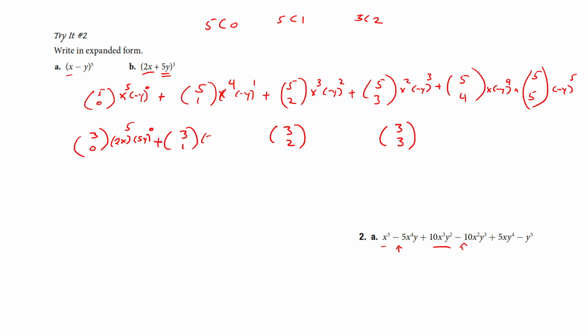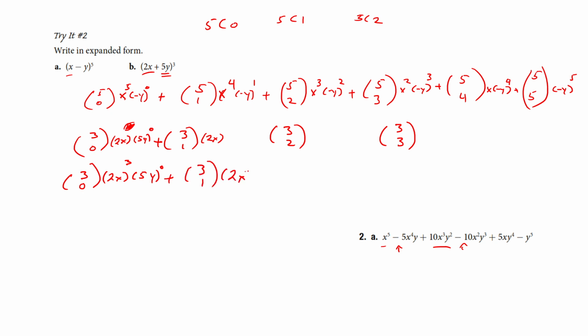Now, we're going to take 2x. Oh, sorry. Shoot, I messed this up. Hold on. Our exponent was 3, so 2x to the 3, 5y to the 0. 3 taken 1 at a time.